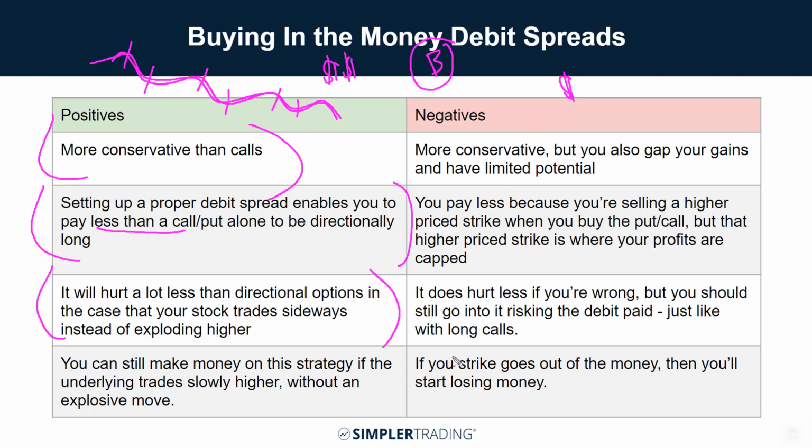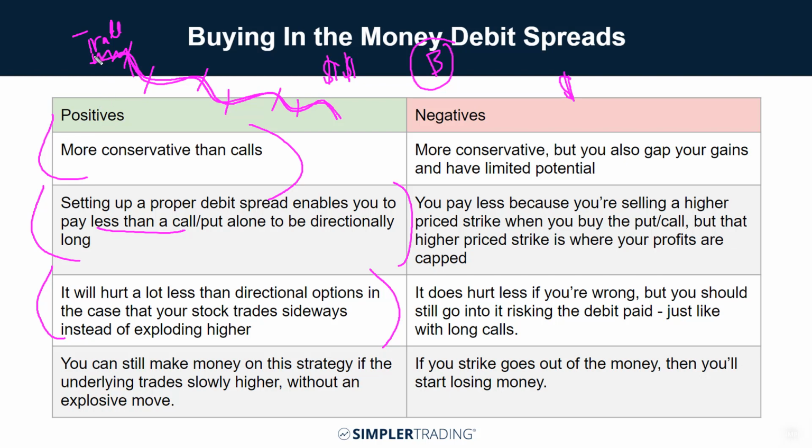Another major benefit is that it's going to hurt a lot less than directional options in case the stock trades sideways instead of exploding higher. I would love to say I short something immediately right before it goes down the very next day and it falls like a rock, but that's not real life in options trading. Real life is getting into a trade and you're waiting, you're waiting, boom.